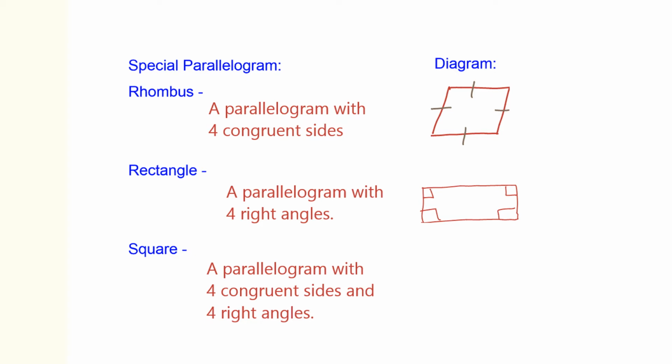So the diagram for the square looks like this. That's terrible. Sorry. So we've got our four congruent sides and our four right angles. Next page.